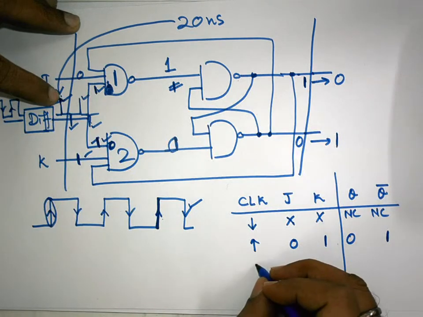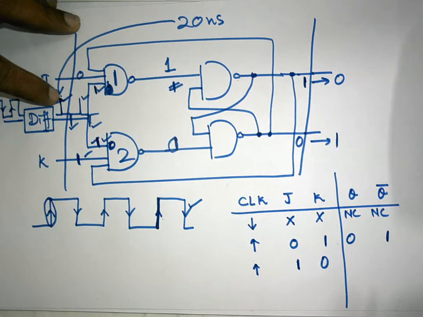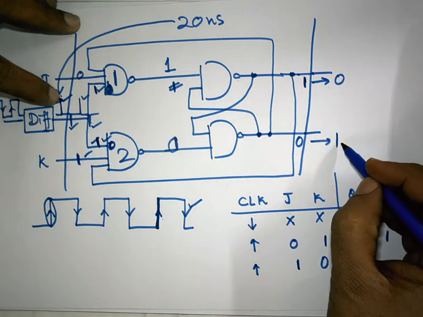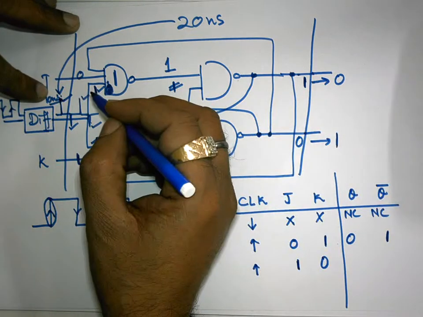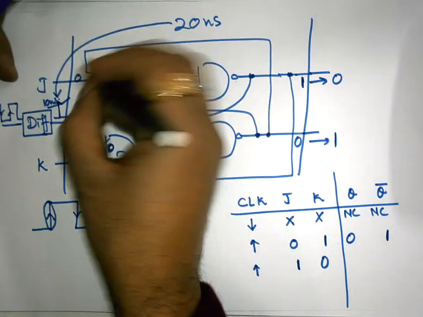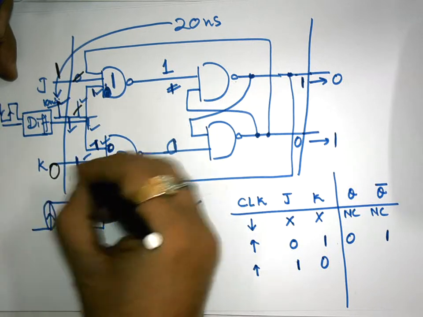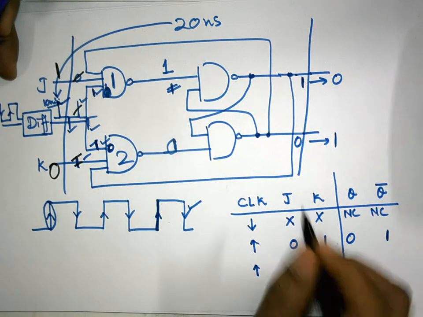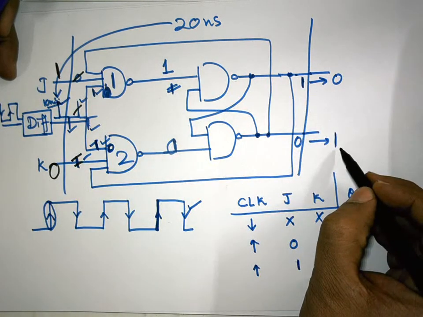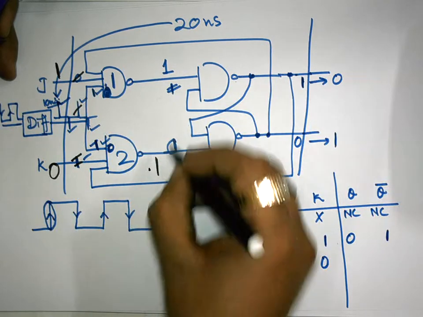So suppose the rising edge was there and we had applied 1 0. I am changing simply the color of the pen. 1 is applied at J and 0 is applied at K, and 0 1 is available over here. Okay, so 0 is going to trigger, and it will make it 1.